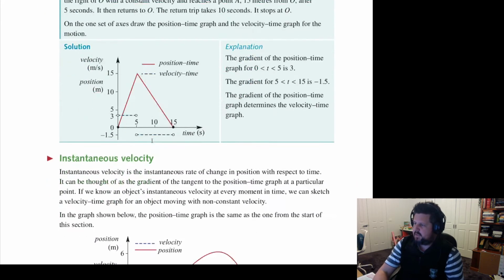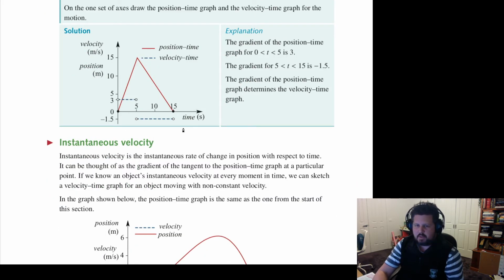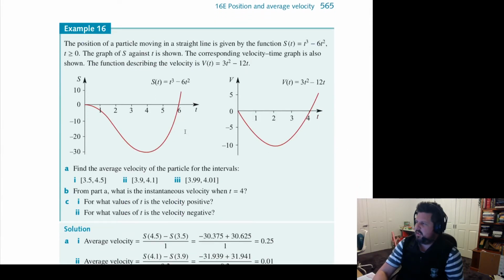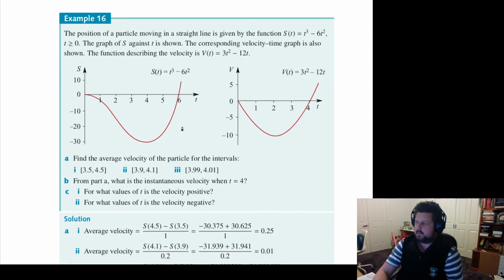Alrighty, last thing is what we call the instantaneous velocity. It says here instantaneous velocity is the instantaneous rate of change in position with respect to time, and it can be thought of as the gradient of a tangent to the position time graph at a particular point. So let's have a look at an example to illustrate this.